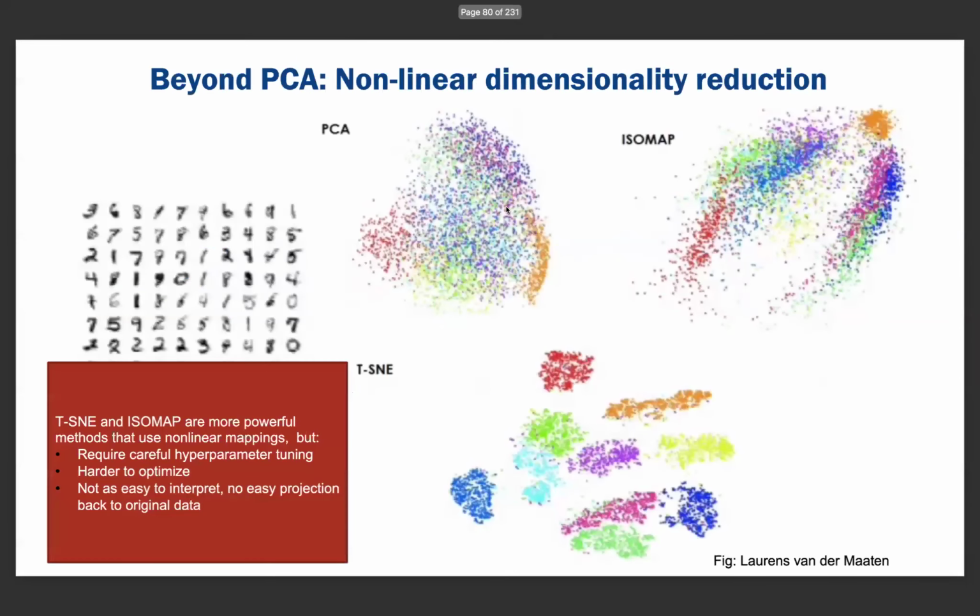But what to do next? Beyond principal component analysis, which is a linear dimension reduction approach, there are nonlinear dimension reduction approaches, and there are packages which implement them. One is called Isomap and another is called t-SNE. And t-SNE, for example, on the digits data set gives you perfect clusters.